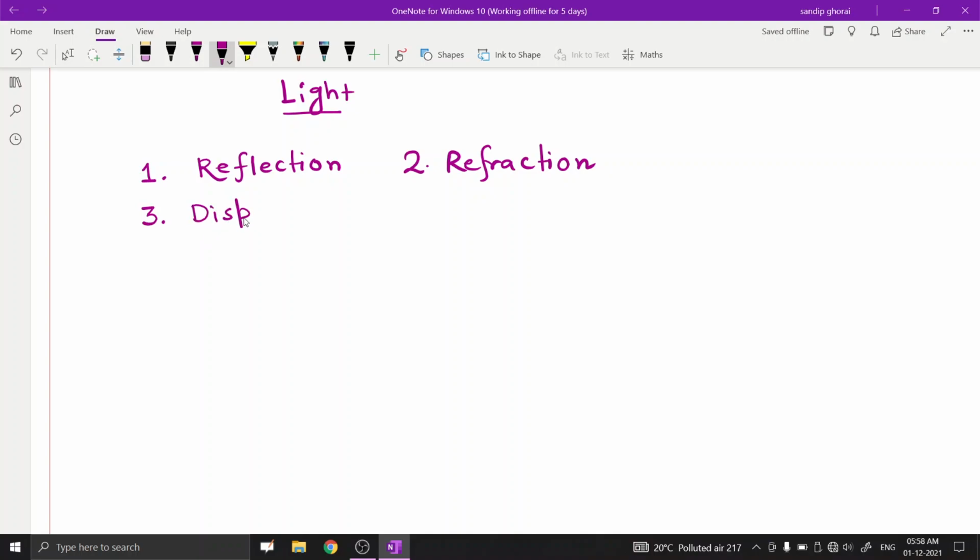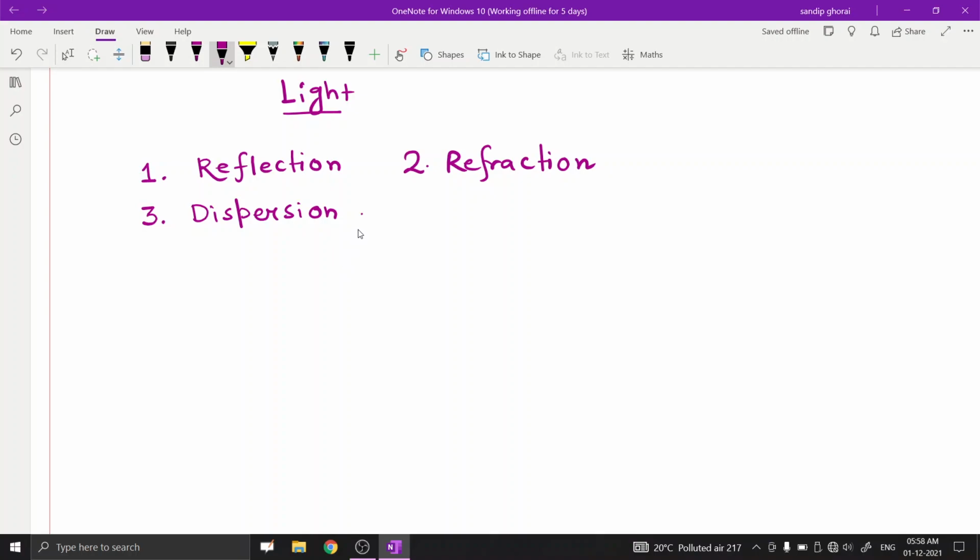Now the question is, what is reflection of light? We can say that when light is incident on a polished surface, then light gets reflected.